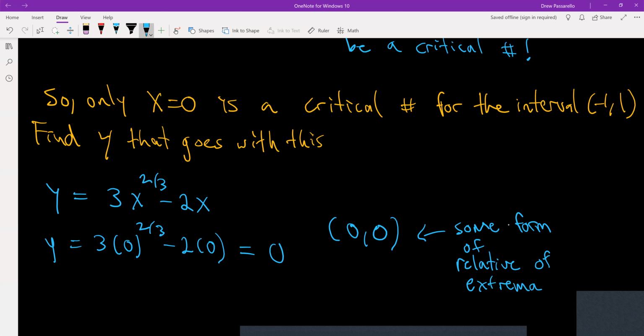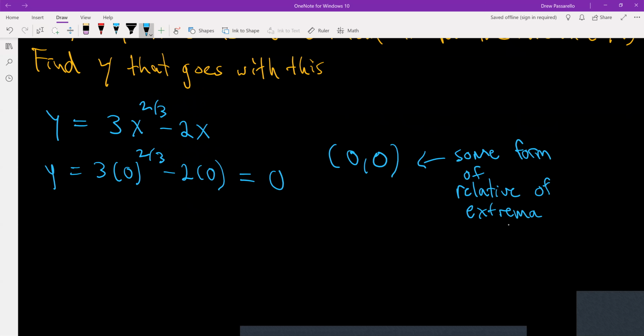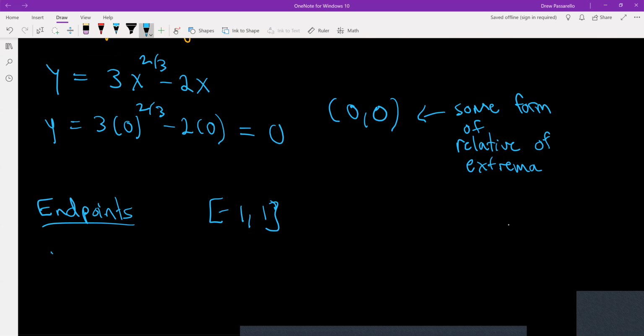All right, now that's the critical numbers, I just need to check the endpoints. All right, and our interval was negative 1 to 1, so the endpoints are negative 1. That means y is going to equal 3 times negative 1 to the 2/3, and then minus 2 times negative 1.